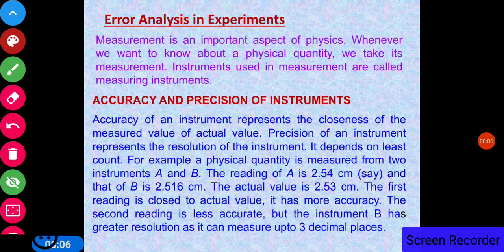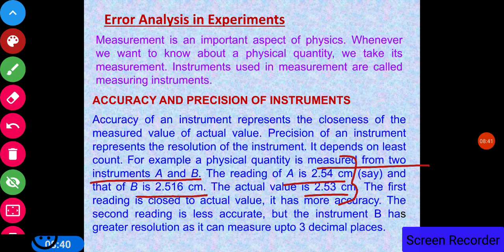For example, if a quantity is measured with two instruments A and B, the reading of A is 2.54 centimeters, the reading of the second instrument is 2.516, and the actual value is 2.53. Just look at these. If we compare the actual value with the value measured by instrument A, we will see that it is nearer to the true value, while 2.516 is a little less near to the actual value.